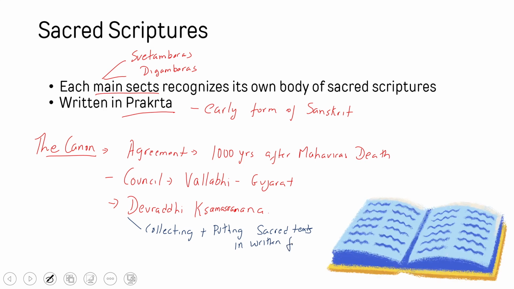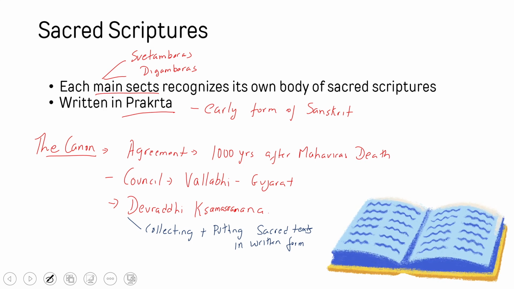in written form. So you had a few texts here and there, you had the oral teachings. His main purpose at this council was to put everything in written form.